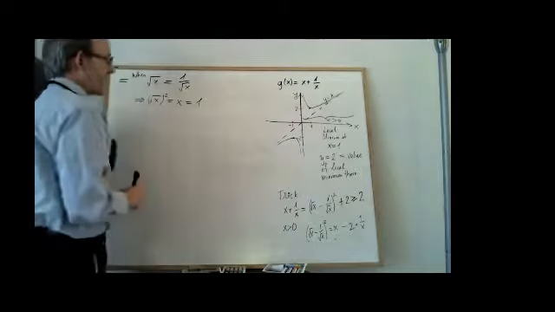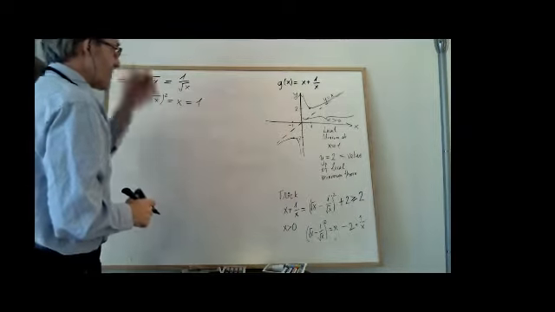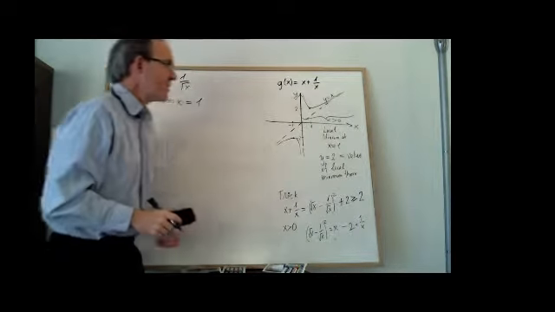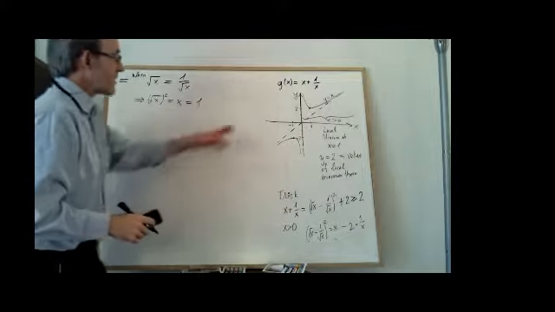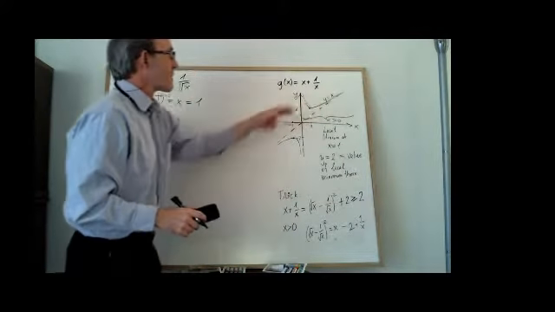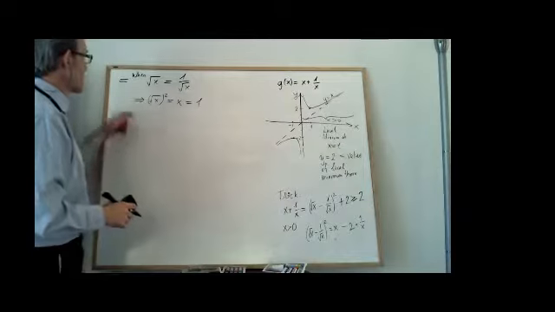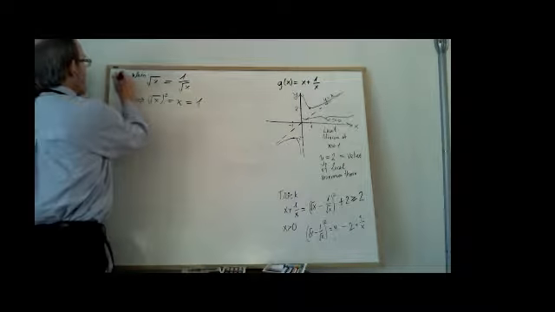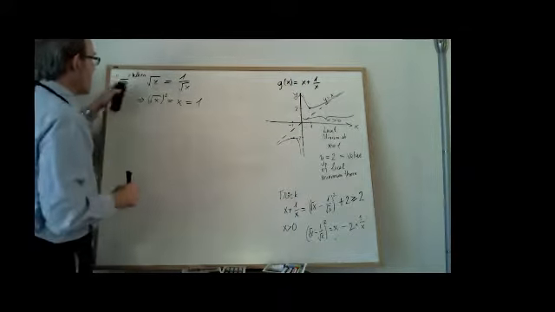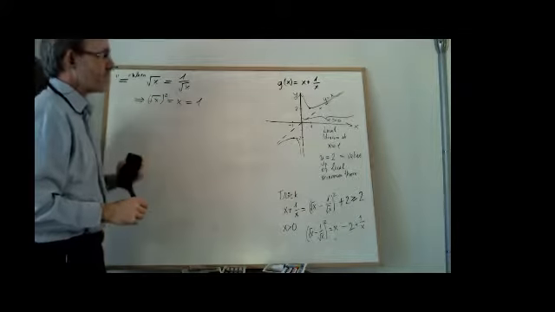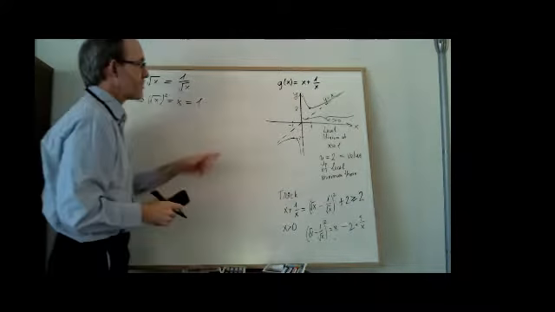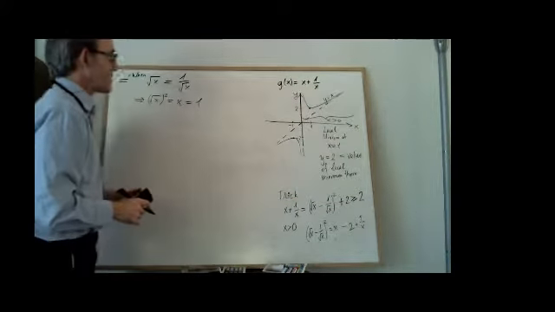Okay, so I've just shown that this function is always bigger than or equal to 2 along this part of the curve. And furthermore, it's exactly equal to 2. So equality when x equals 1. Okay, so that's where the minimum actually is reached.